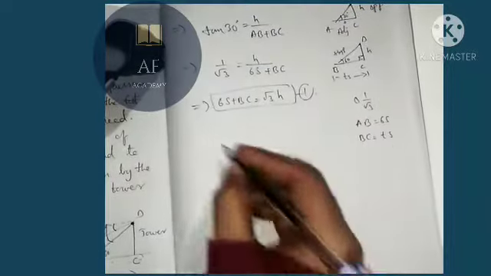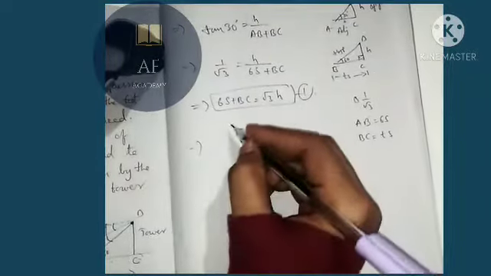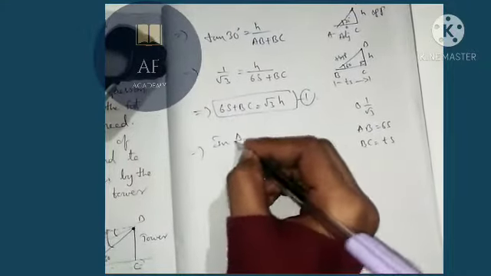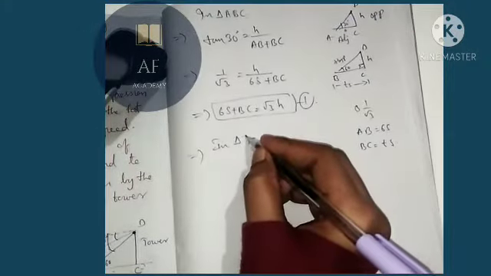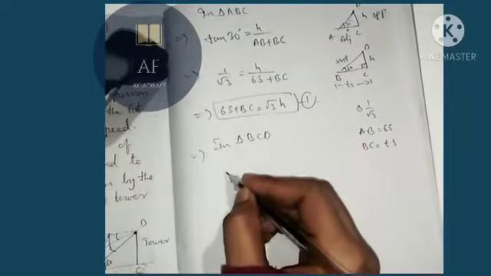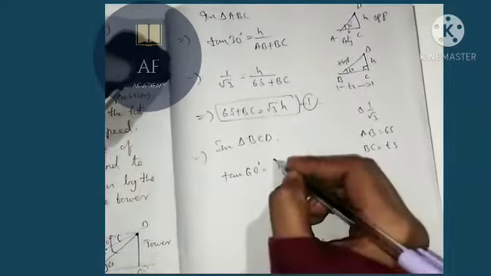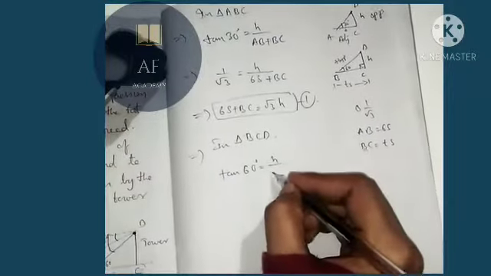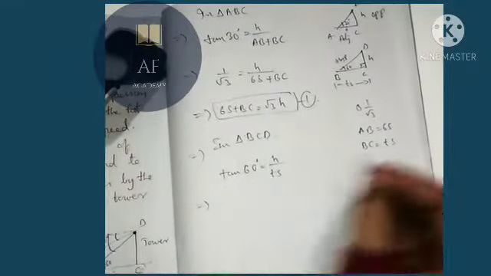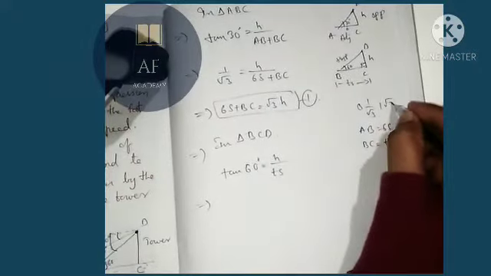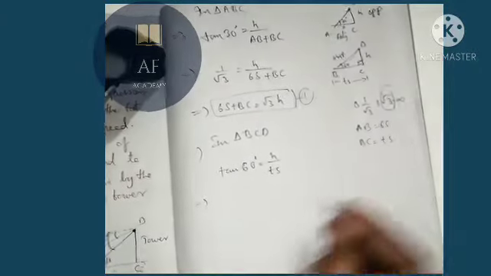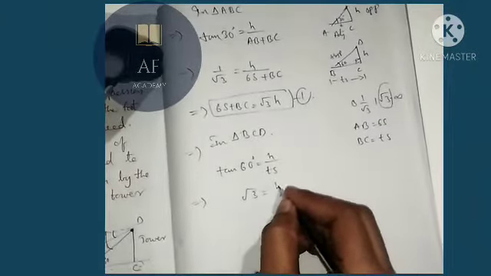Now consider the second triangle, that is triangle BCD. Here you can see tan 60 degrees equals opposite h by base BC, that is TS. Tan 60 is √3. So √3 is equal to h by TS.